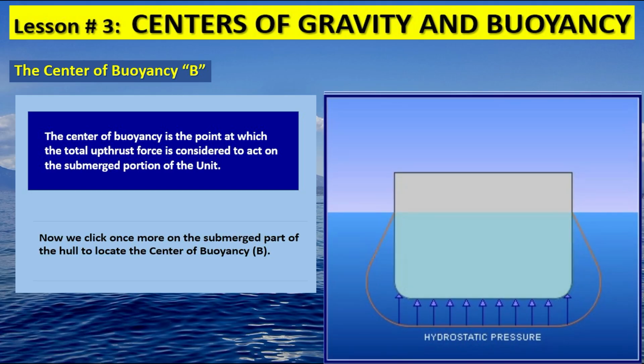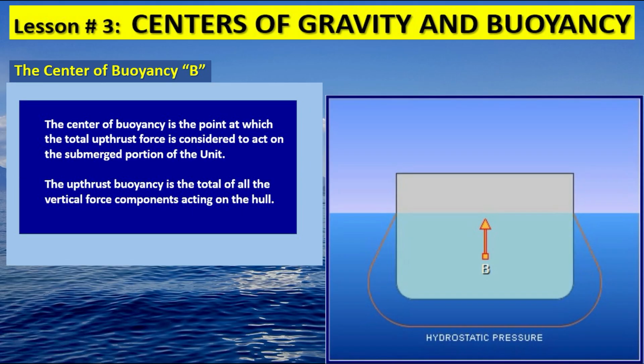Now we click once more on the submerged part of the hull to locate the center of buoyancy B. The upthrust buoyancy is the total of all the vertical force components acting on the hull.